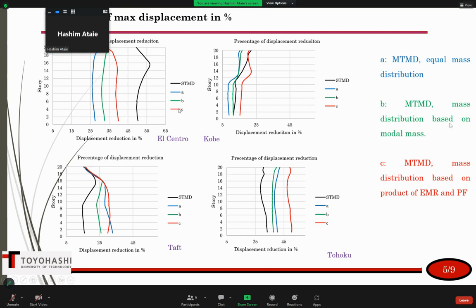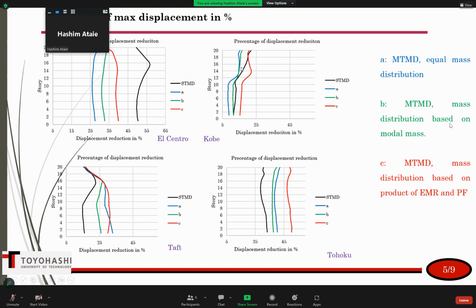The red line is the mass distribution based on the participation effective mass ratio and concentration factor. The green line is the mass distribution based on modal mass, and the blue line is equal mass to each TMD. We can see that in the central case single TMD is better, but if we compare the methods of mass distribution of multiple TMD, the third method is better.